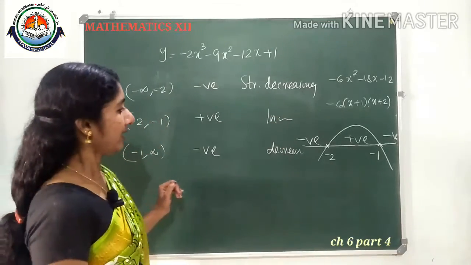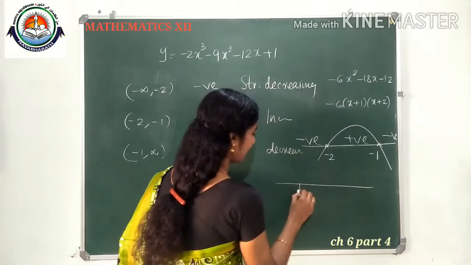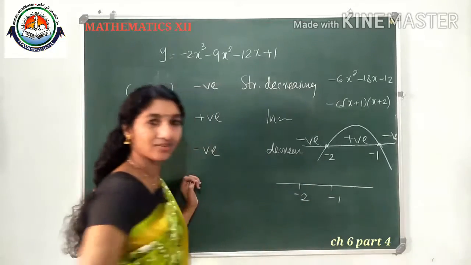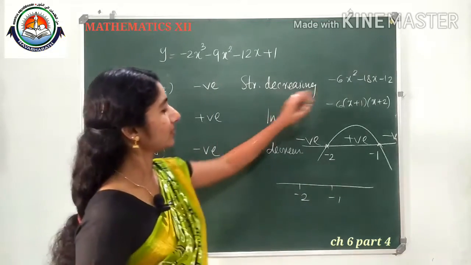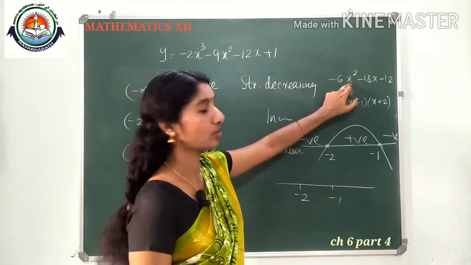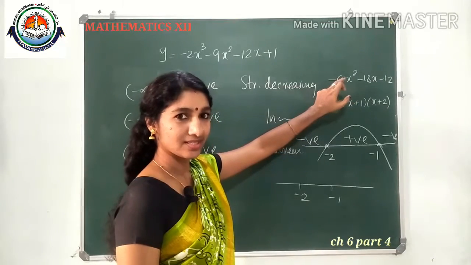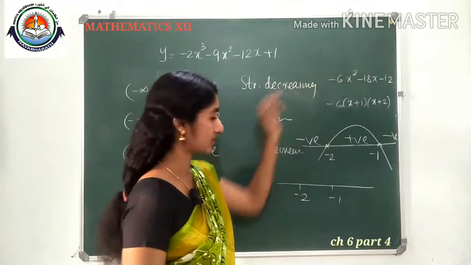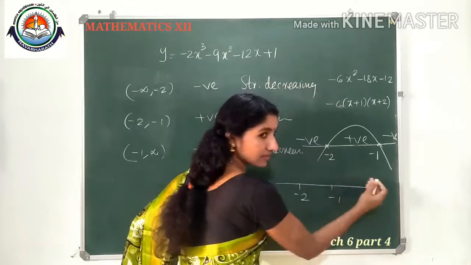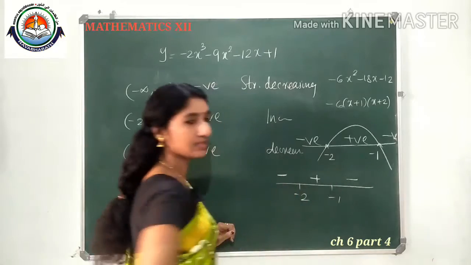And the same thing we can do in a short form. We have minus 2, minus 1 and 3 intervals. Look at the coefficient of the highest degree term. Here x square is the highest degree term, and its coefficient is negative. Since that coefficient is negative, the last interval, the right side, will be negative, then positive, then negative.